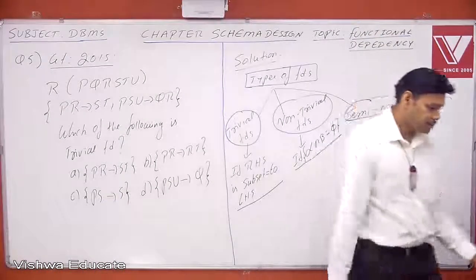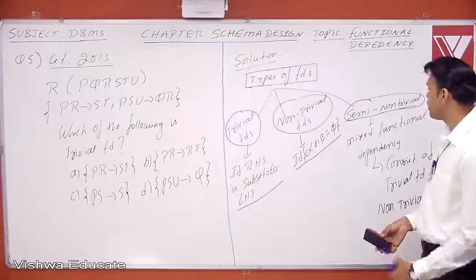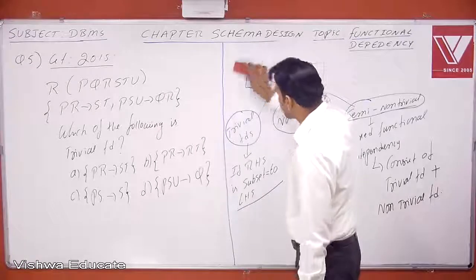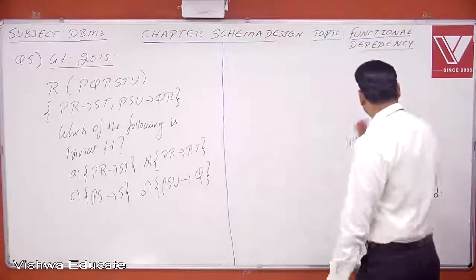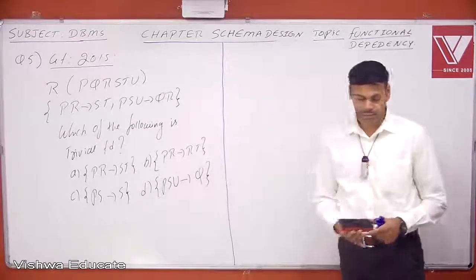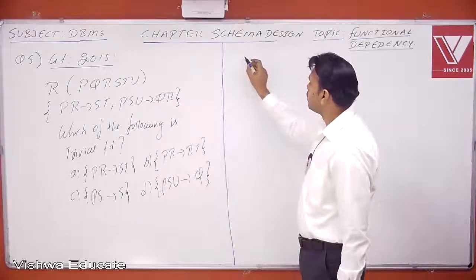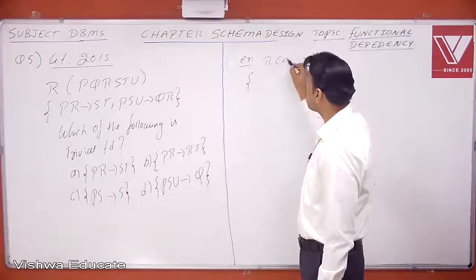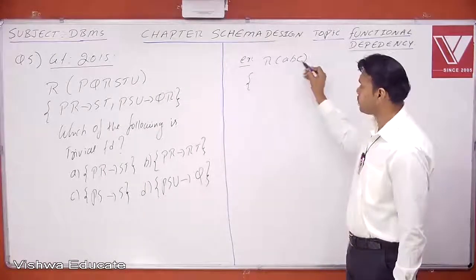Okay, students. So first let us observe the concept of semi-non-trivial or mixed functional dependency. Now listen, I am saying, for example, R consists of ABC, right?